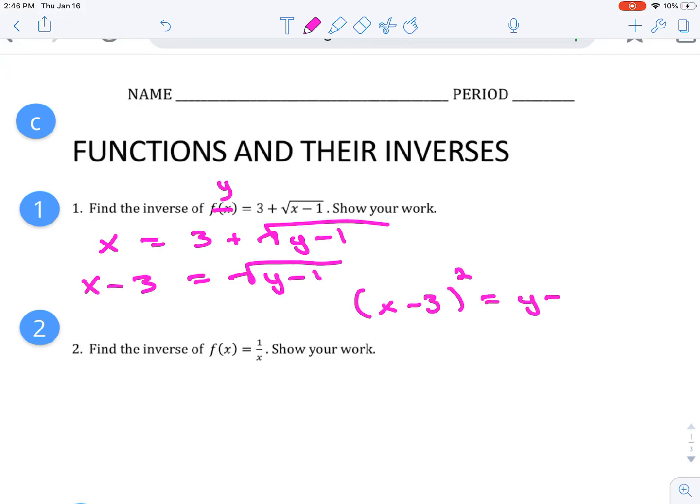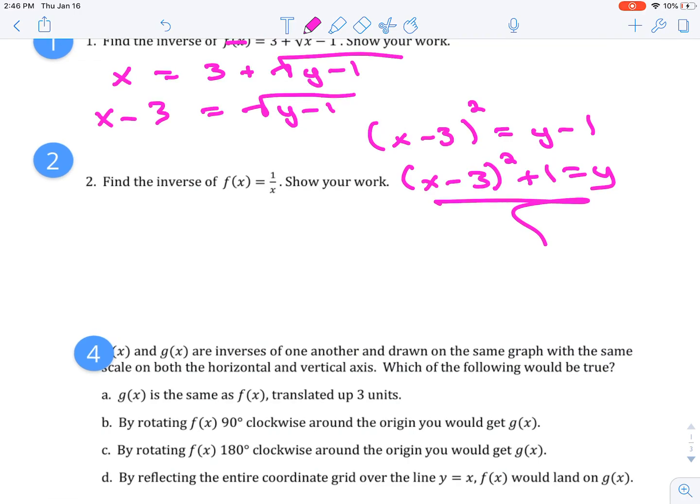And remember, when you do that, that doesn't turn into like x squared plus 9 or something. Okay, don't make that mistake. And then we're going to add 1. And there's our answer.